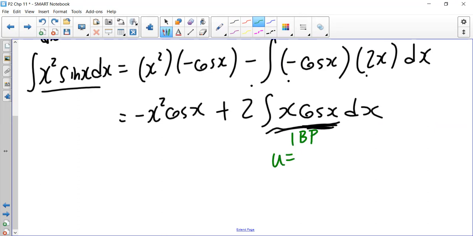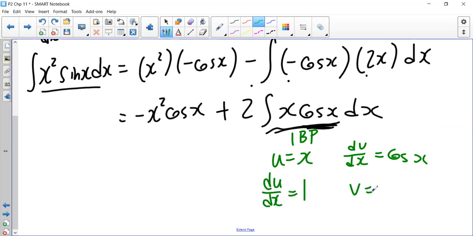We'll let u this time be x, and dv by dx equals cos x. Now, at any point, if you're stuck in any lines, or you realize you've gone through that already, you can pause the video and carry on working and then come back to this video again. You don't have to listen to the whole explanation. That's the benefit of using a video. We can differentiate: du by dx is 1.